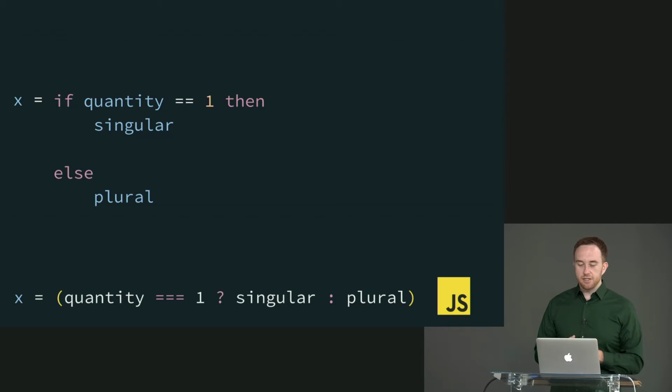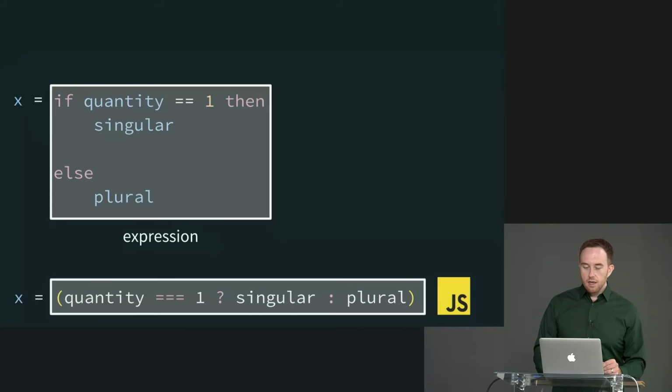This is an important distinction because there is no if statement in Elm. There's no way to avoid specifying both of those. And that's because it gets ultimately assigned to an expression. So if it didn't force you to specify both, it'd be like, okay, what actually is x if there's no else and quantity doesn't happen to be 1? So essentially, both of these are expressions.